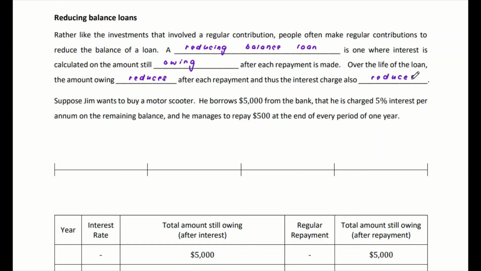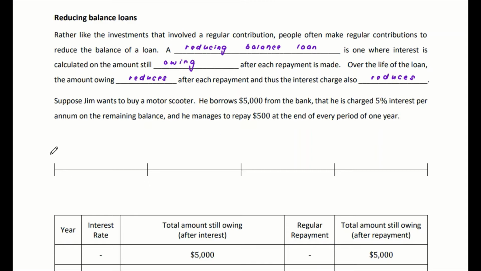I hope you can get this idea from the simple illustration we are going to do here. I'm going to show what happens to this loan account from time to time using this timeline. Jim wants to buy a motor scooter, so he borrows $5,000 from the bank.